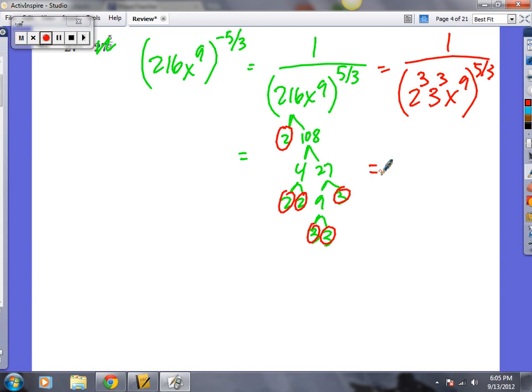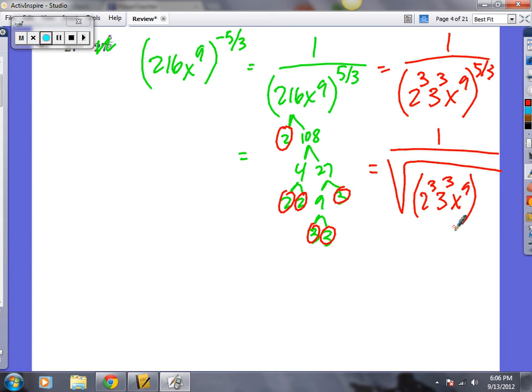So let's write it as a radical now. Still going to be underneath 1. Now I'm going to go 2 cubed, 3 cubed, x to the 9th. Okay, now the 5 and 3. The denominator always is going to be your index, and the numerator is going to be the exponent.